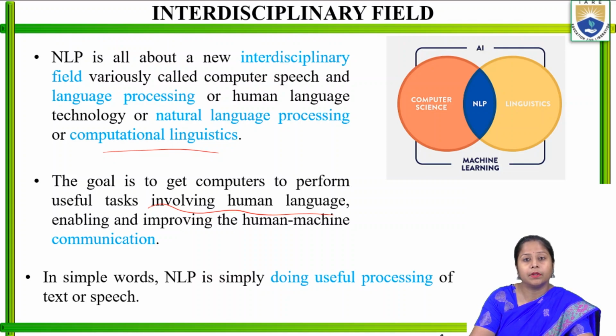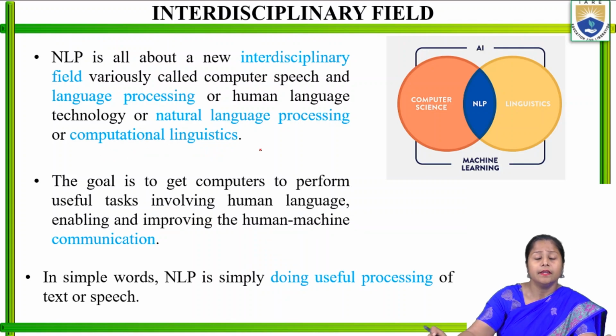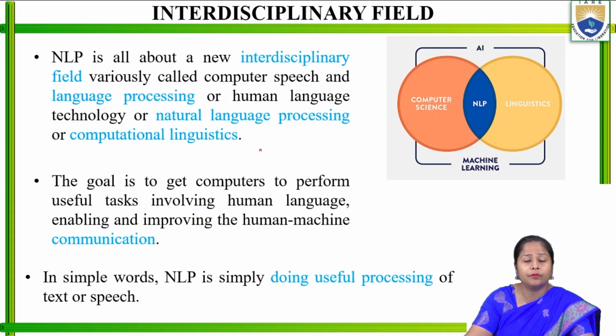There can be different parts of that: translation, and then it is communicated where it should be. The goal is to help computers understand the human touch. In simple words, NLP is simply doing useful processing of text as well as speech. So this is an interdisciplinary field.